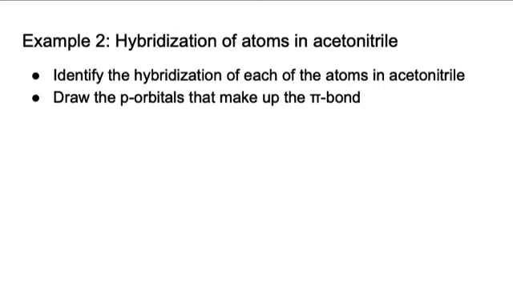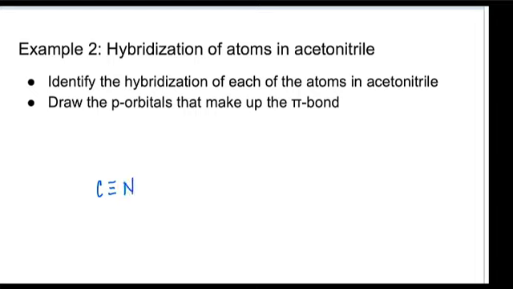In this second example, let's do the same thing. Identify the hybridization of each atom and draw in any p orbitals for acetonitrile this time. Acetonitrile consists of a carbon-nitrogen triple bond, and then a CH3 group on the other side.